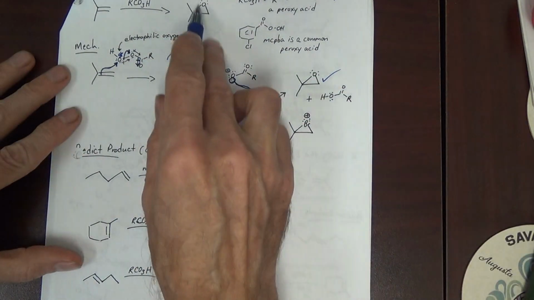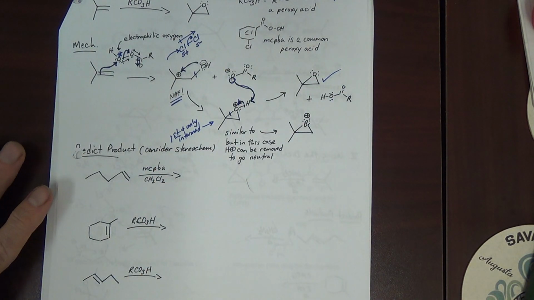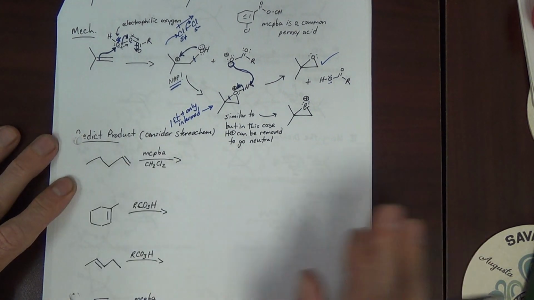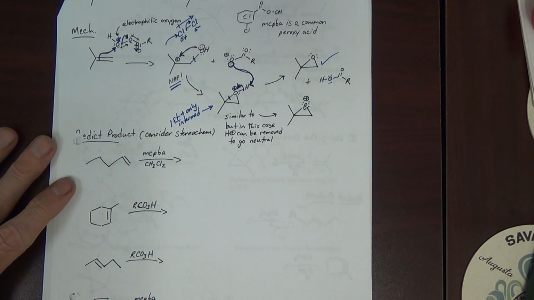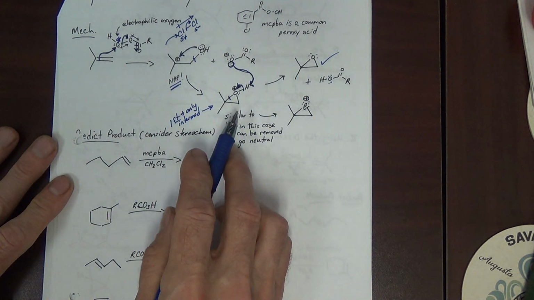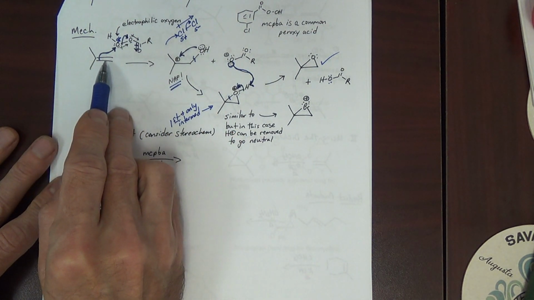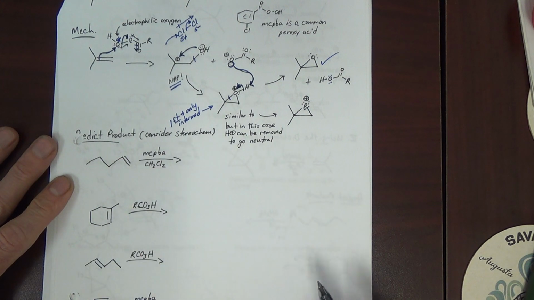That's essentially what we did here. But ultimately, to simplify this down, the two carbons of the alkene become bonded to one oxygen.